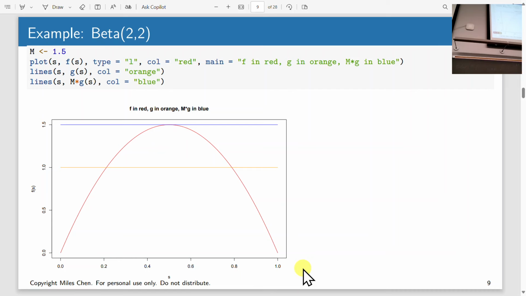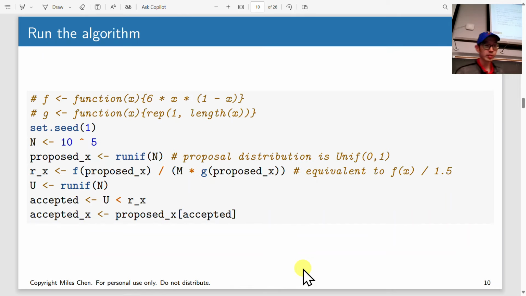The way it's going to work is for each value, I generate a random value.